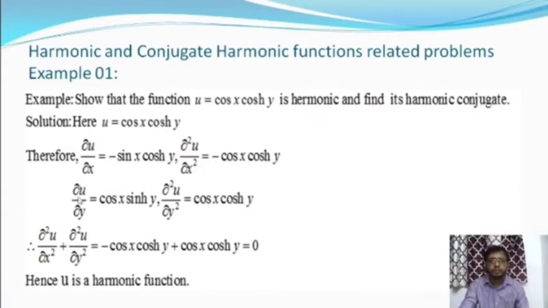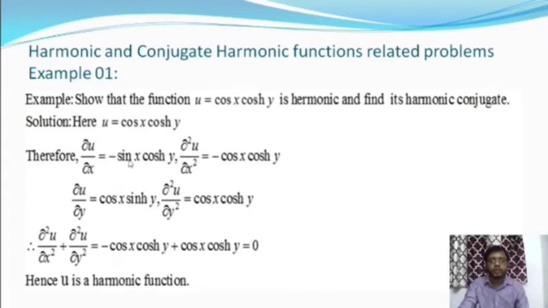So the second differentiation with respect to x partially gives minus cos x cosh y. Similarly for the function u with respect to y: differentiating gives cos x times sinh y, since the derivative of cosh y is sinh y. The second differentiation with respect to y gives cos x cosh y, where cos x is fixed and the derivative of sinh y is cosh y.